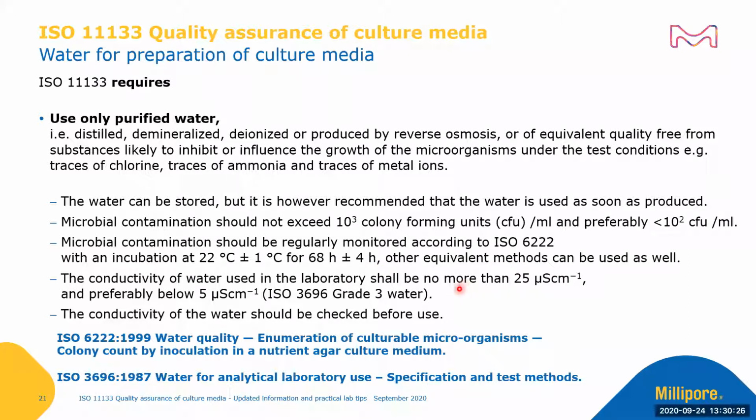The conductivity of the water used in the laboratory shall be no more than 25 microsiemens per centimeter and preferably below 5 microsiemens per centimeter. The conductivity of the water should be checked before use.